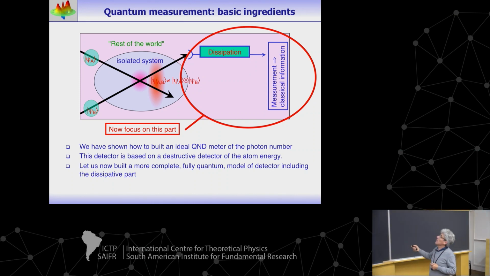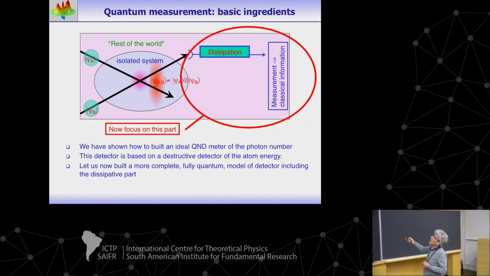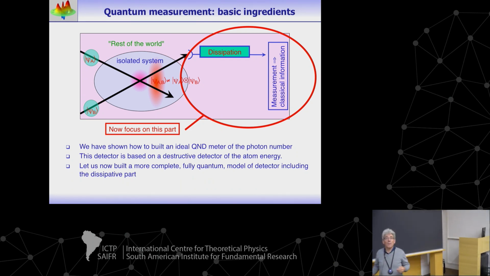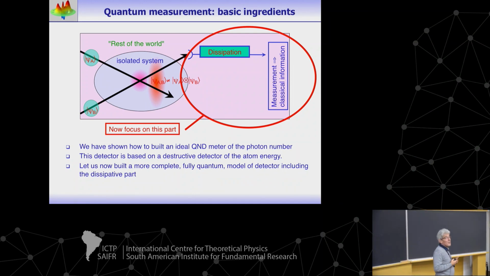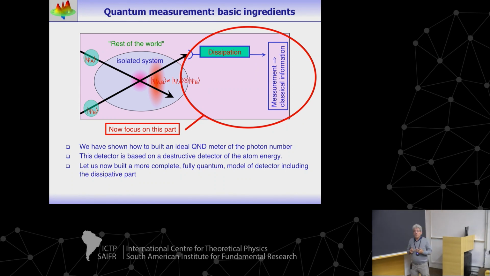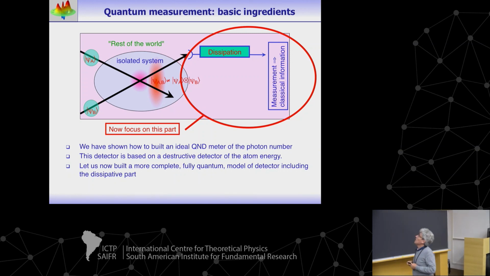So the very strong difference between the red circle here and the black circle there is that here the system is supposed to be isolated, whereas when you consider a measurement apparatus, the number of degrees of freedom becomes so large that the measurement apparatus is always somehow coupled to the rest of the world, which means that intrinsically this part of the system is dissipative, and dissipation is not just in the Schrodinger equations, and we'll see how it shows up in the formalism.